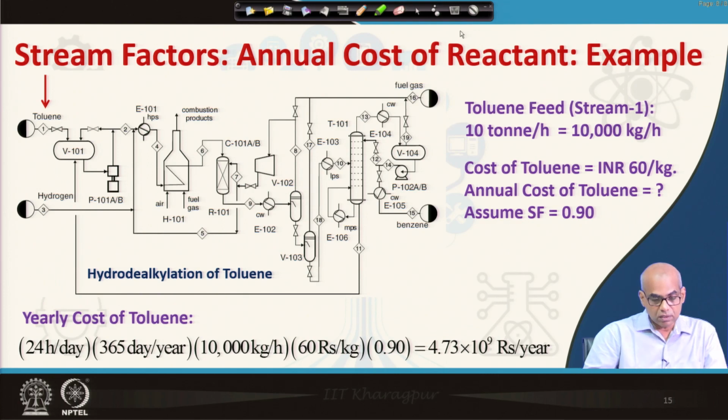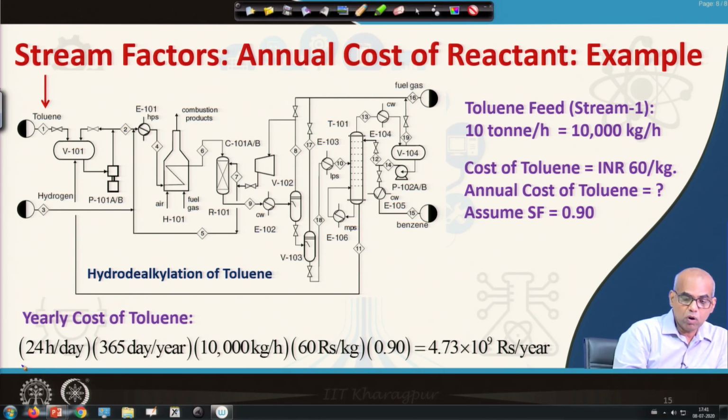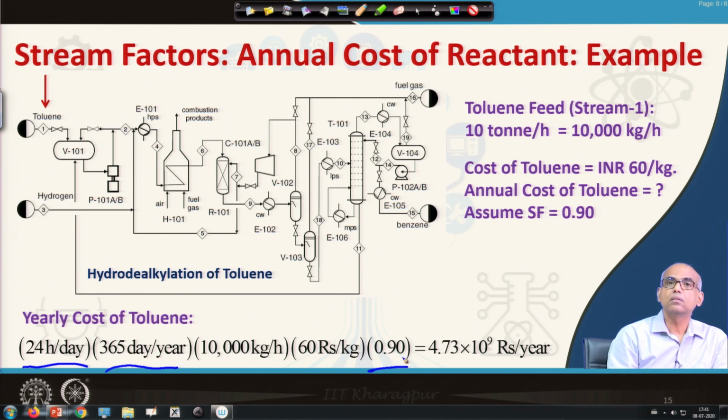So, the annual cost of toluene will be 24 hours per day into 365 days per year. This gives you the number of hours per year. When you multiply that by 0.9, this takes care of the downtime.